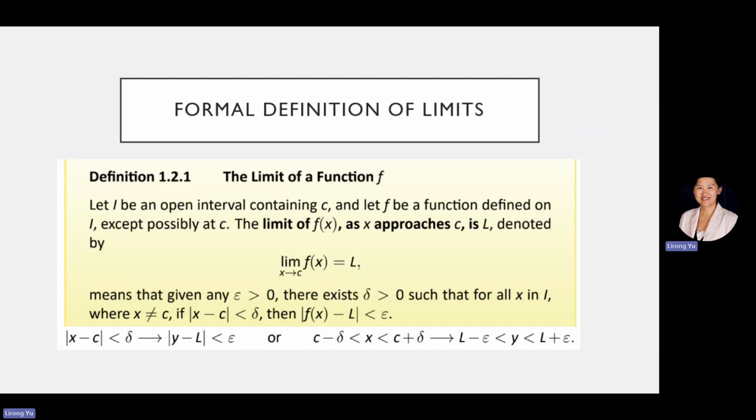It's the meaning of the absolute value notation. |f(x) - L| < epsilon means that f(x) and L are very close. Let me explain the inequality, and that's also the reason for the band.